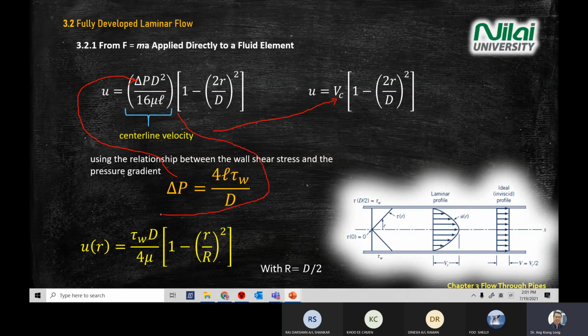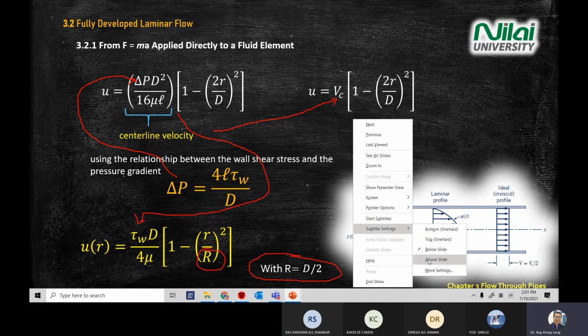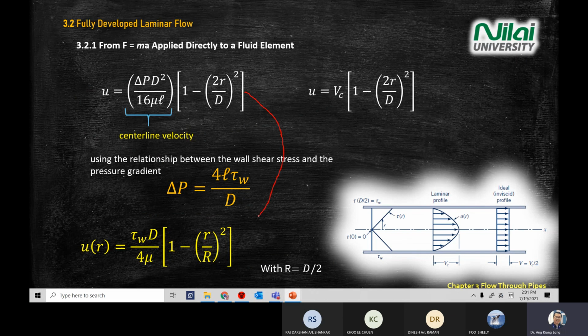You will arrive at this one. And we replace the D with R. R is D divided by 2. So we replace R divided by R squared. So as you can see, this slide shows you how we change the equation from this form to this form.